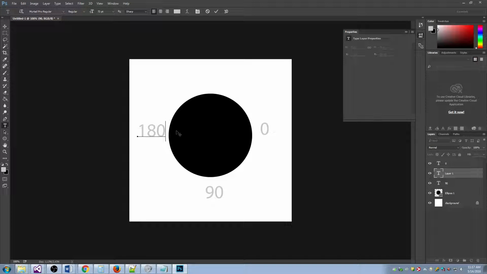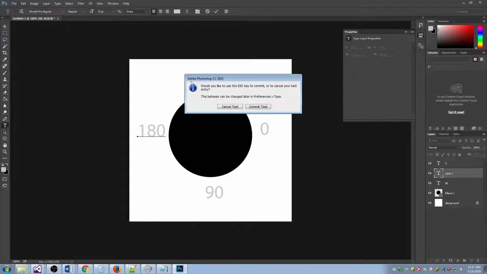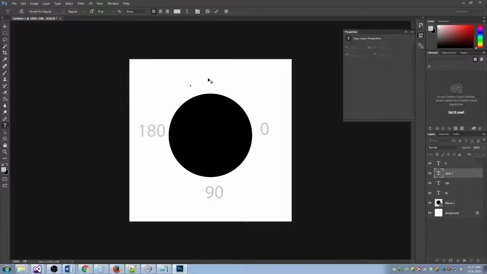It's going to be 180. And it's going to be 270, right? So this is the direction that our degrees go. 0 degrees is going to be straight to the right. 90 degrees is going to be straight to the bottom. So remember, we said 45 degrees is going to be this way, right?